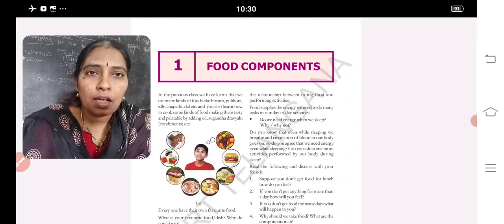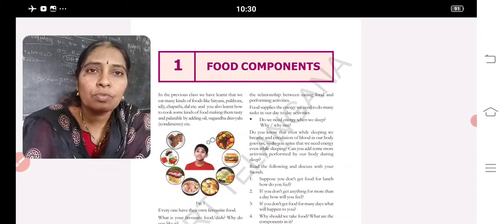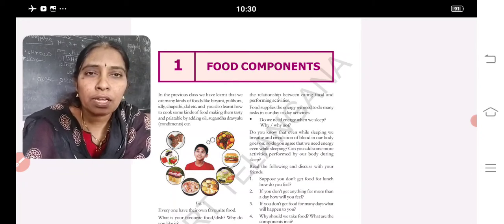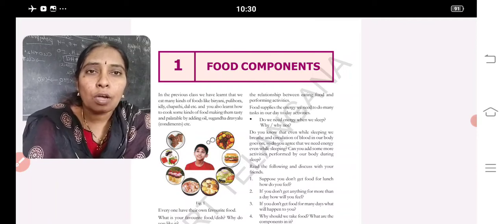Okay. Now let us discuss some important topics. Once again we will revise the topics to be studied for your SA-1 from the first lesson, food components. Every food item consists of different food components.